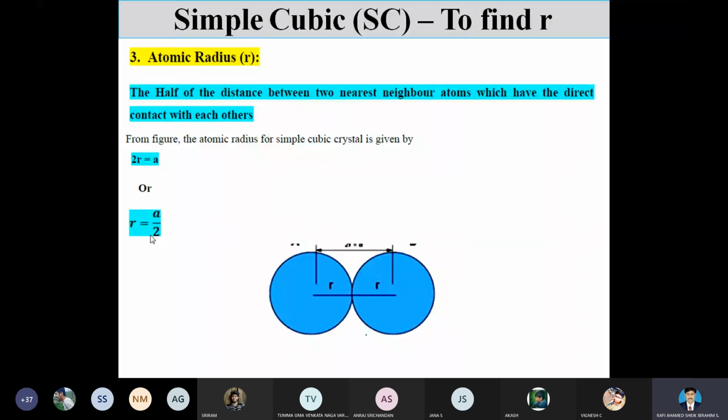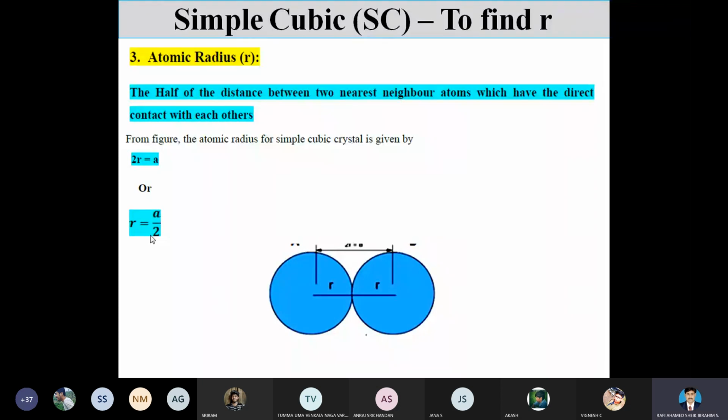So the third parameter is the atomic radius. R is equal to A by 2. To define and evaluate the crystal structure, we have to know these three basic parameters.